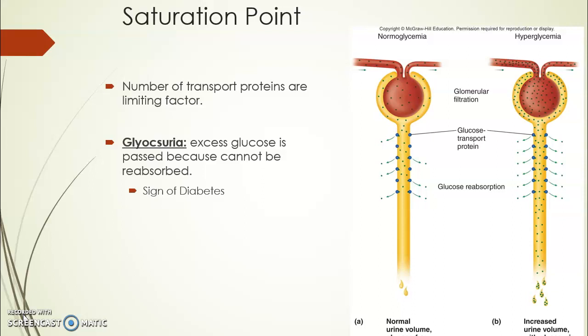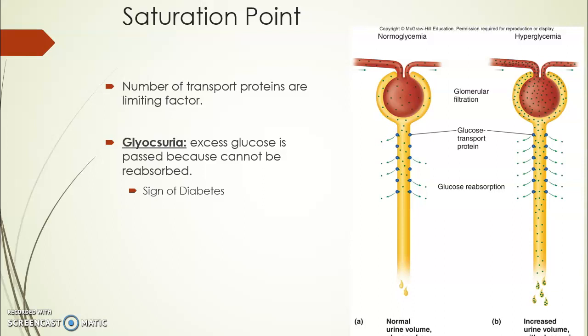However, if those facilitated transport proteins become saturated, we will then see an increased amount of glucose in the urine. That is called glycosuria, which is one indicative symptom of diabetes.